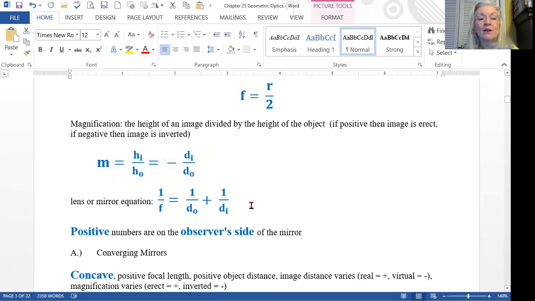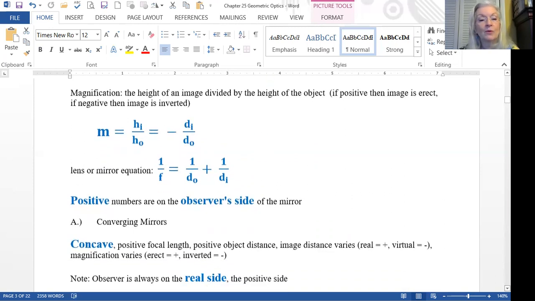So positive numbers for DI and DO are on the observer's side of the mirror. For image distance, positive image distances are on the observer's side and can actually come into a focus. Negative ones are on the opposite side and cannot. And we'll do numerous examples.